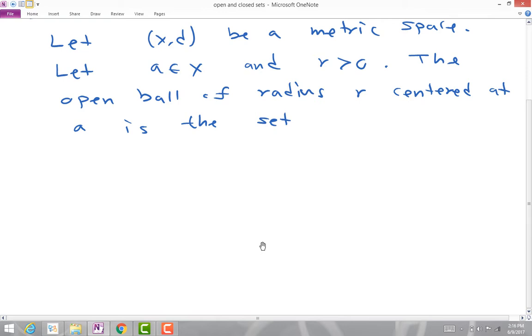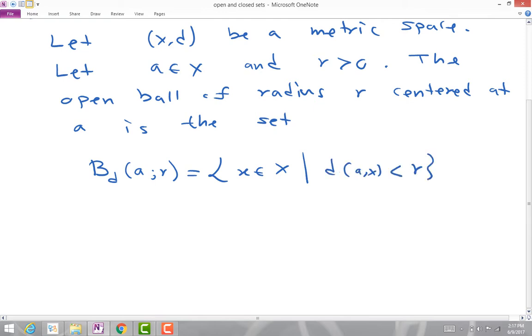Now when we write, we can write this one as B_d(a, r), where x in X such that the distance from a to x is strictly less than r.